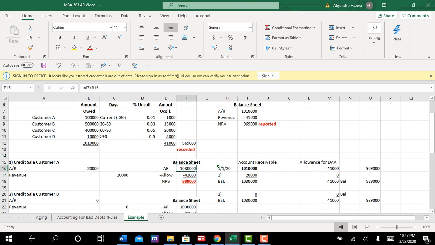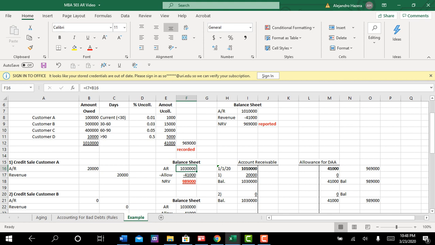Notice what has happened. The only impact this entry has is on accounts receivable, because there was a debit to accounts receivable for $20,000, which increased accounts receivable by $20,000.